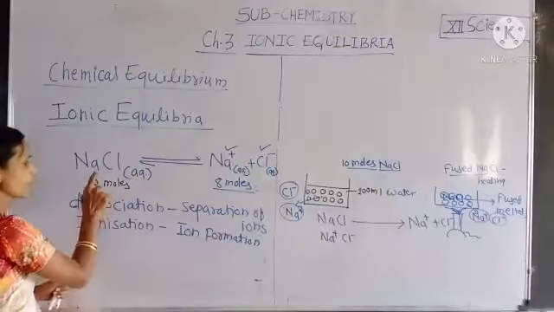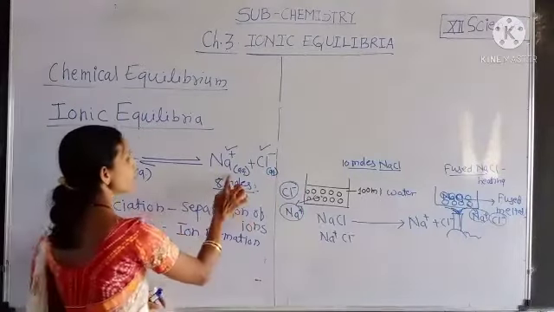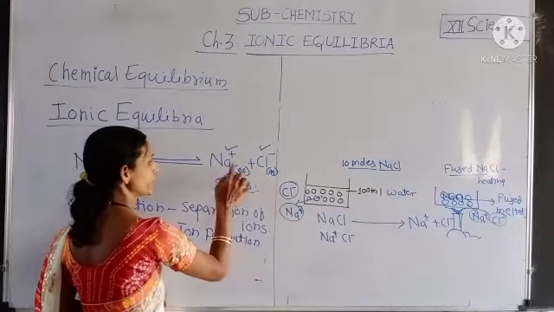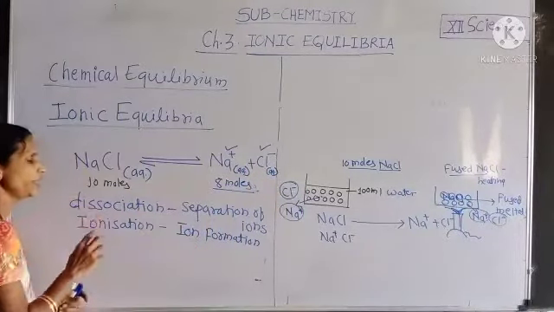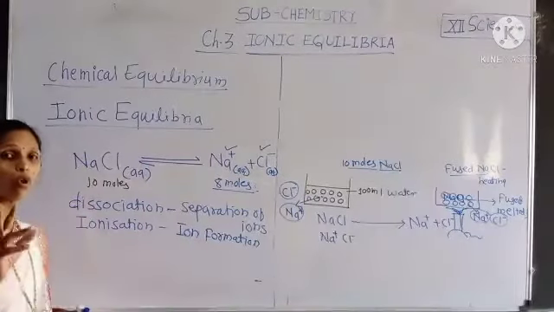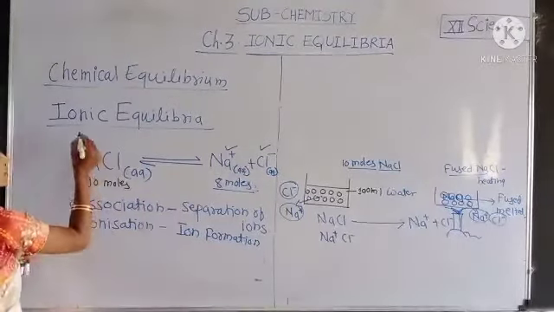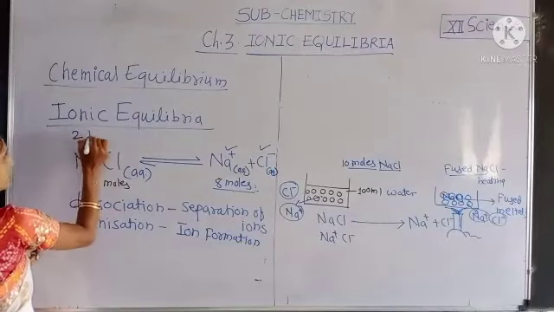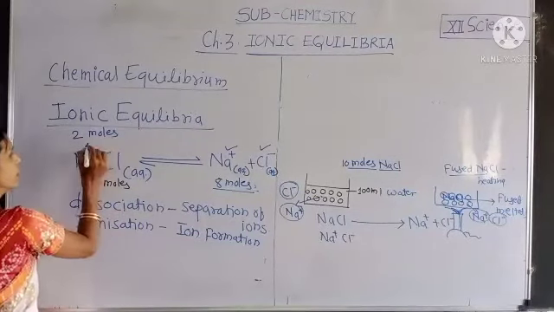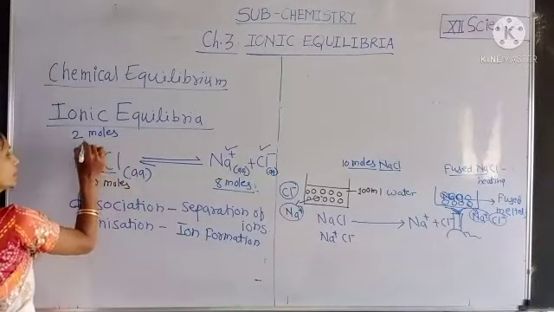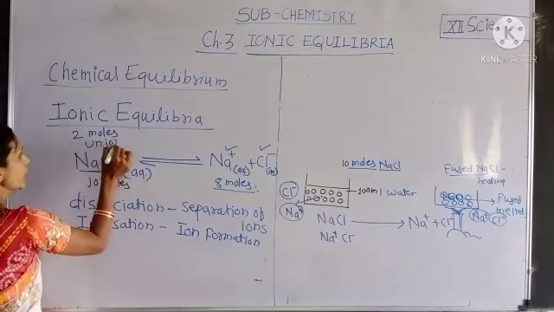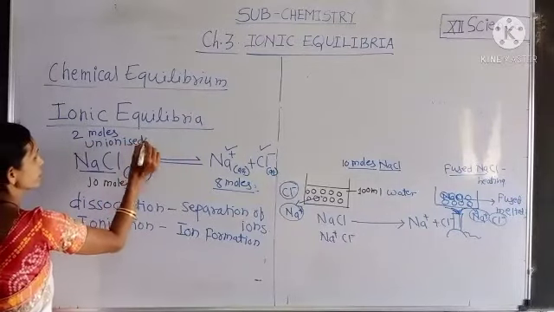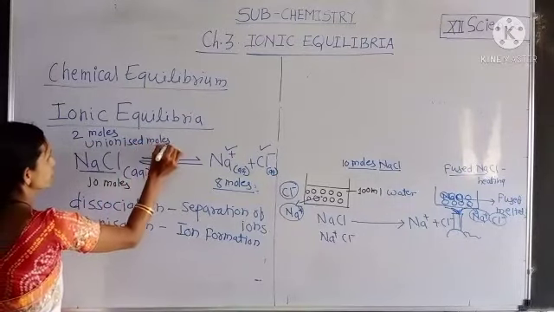See here, out of 10 moles, 8 moles get dissociated and only 2 moles remain undissociated. 2 moles of NaCl remain unionized.